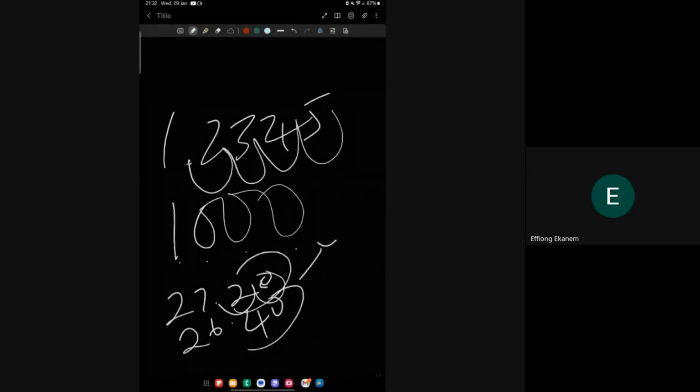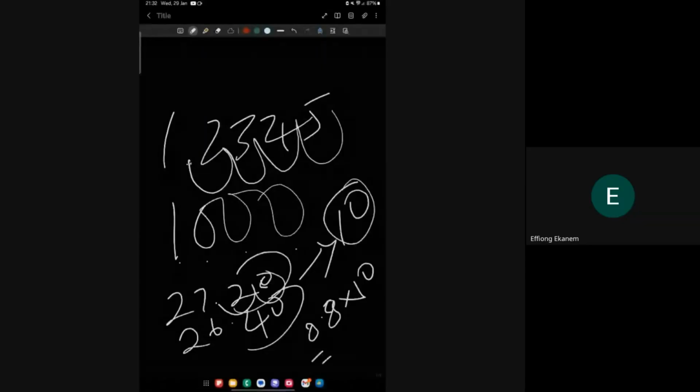So this one is now 10. First we subtract 26.40 from 27.20. So 27.20 minus 26.40 is 0.8. Then we multiply it by 10. That will give us 8 pips.